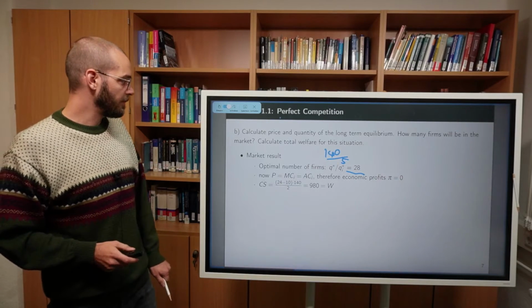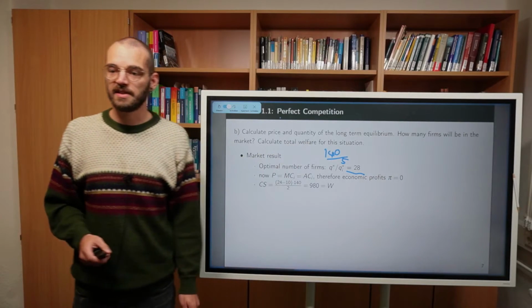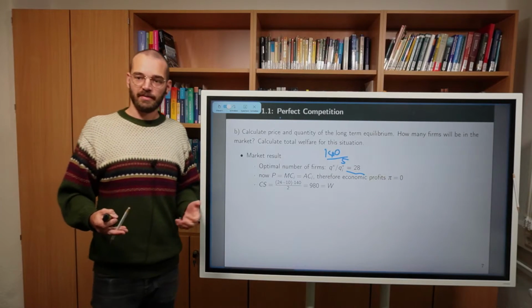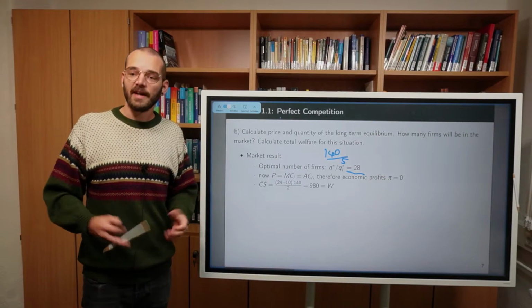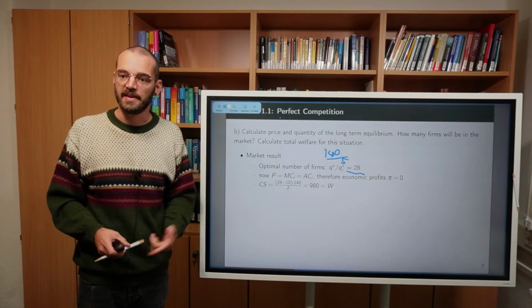All right, now finally we are asked to calculate the total welfare in this scenario. Usually, as we just talked about, in order to find total welfare, we first have to calculate profits and then we have to calculate consumer surplus as well.